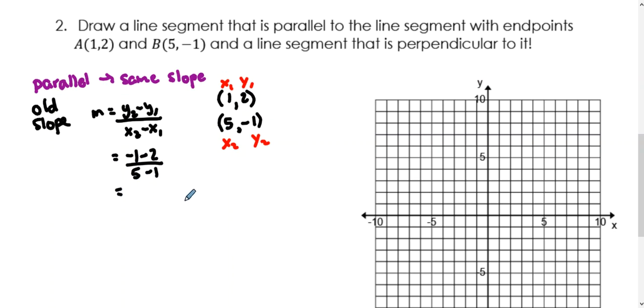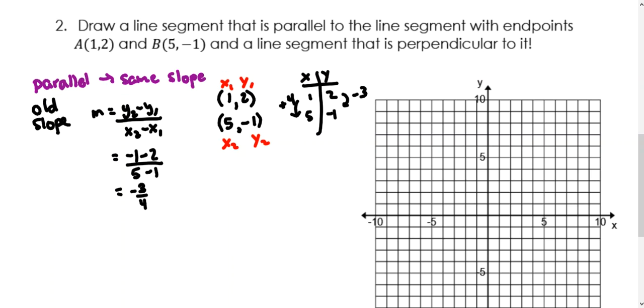If you don't like those points, set it up as a table. Here's my x and y: 1, 2, and 5, -1. Here I'm going to have to subtract 3, and here I'm going to have to add 4. Well, guess what? The top is -3 and the bottom is 4.